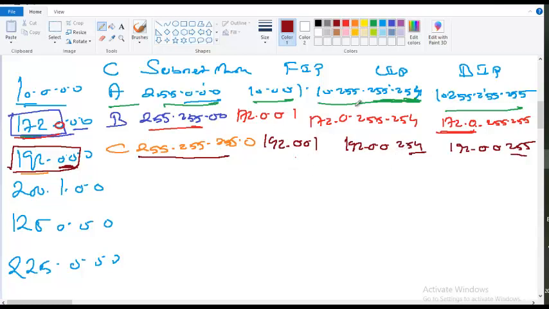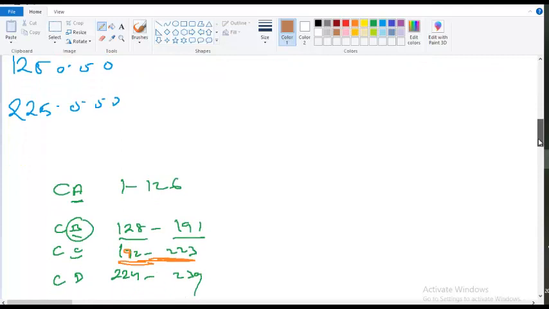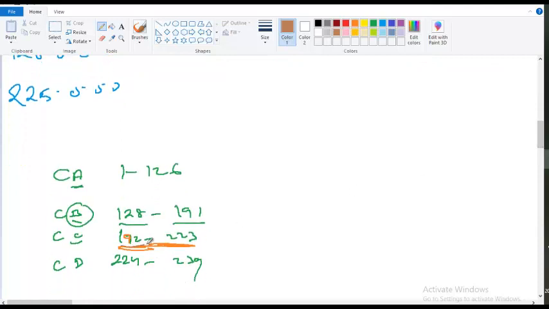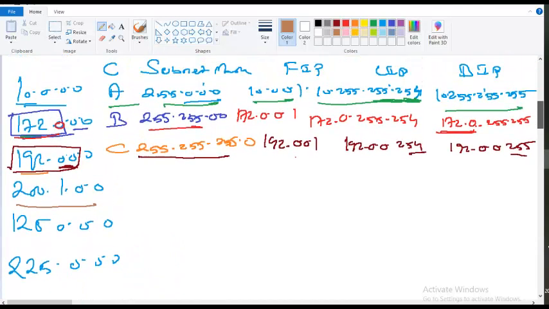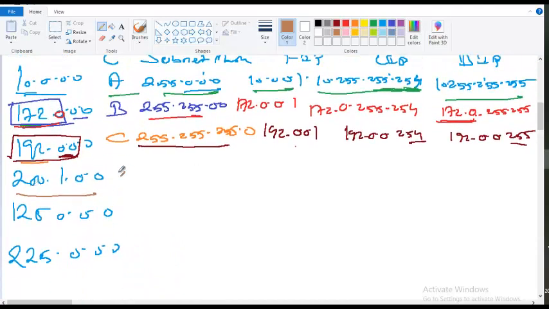No, sir. Let's move to the next one. This is again class C. Any number between 192 to 223 is class C. Now the mask is again the same thing, 255.255.255.0.